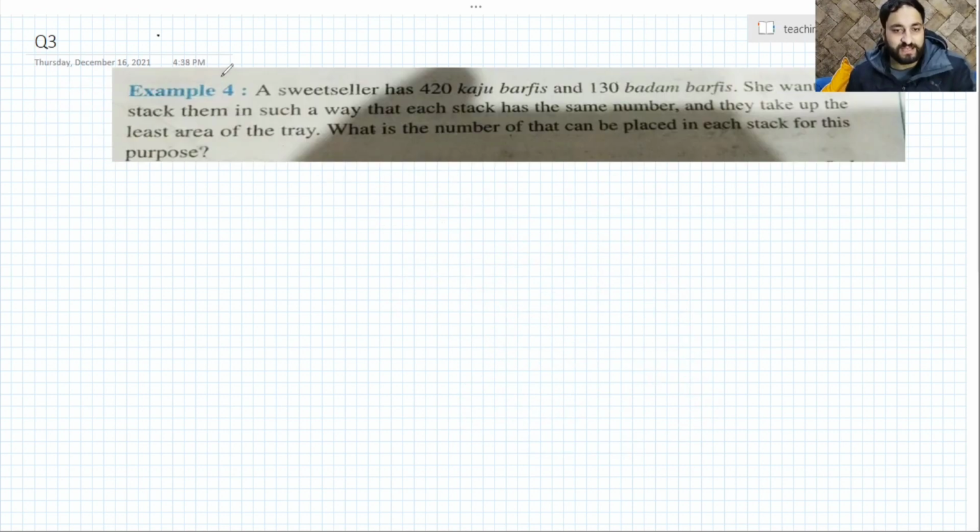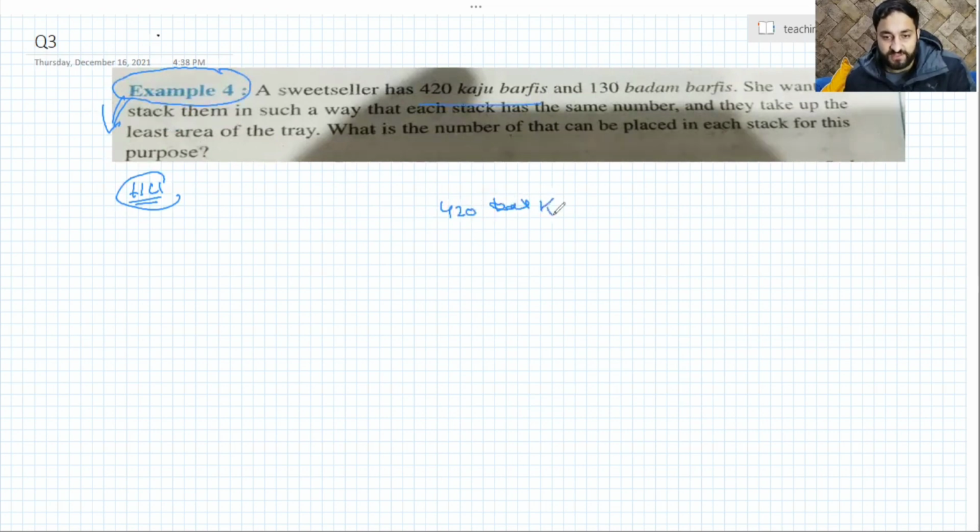Now let's come to example 4. What does this example say? This is a simple question of HCF. You have to find HCF using Euclid's division algorithm. A sweet seller has 420 kaju barfis and 130 badam barfis.